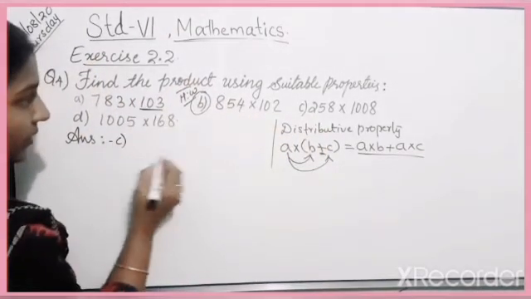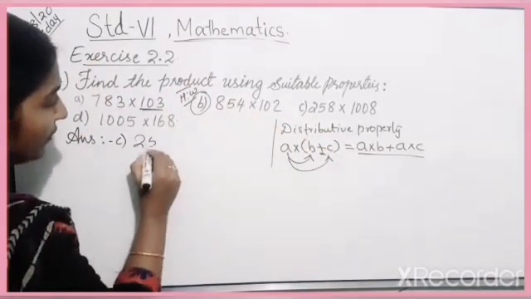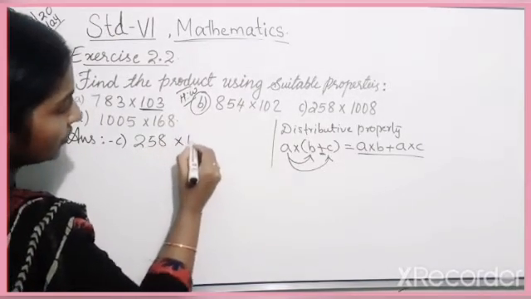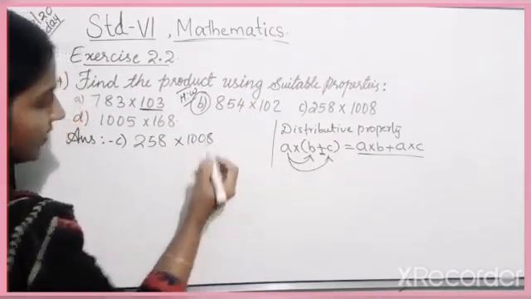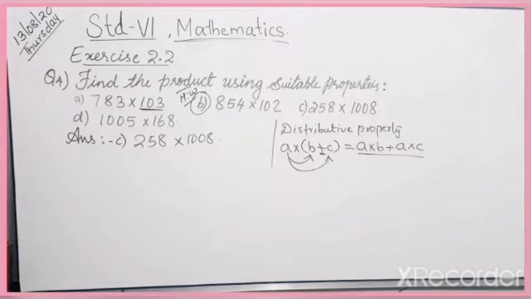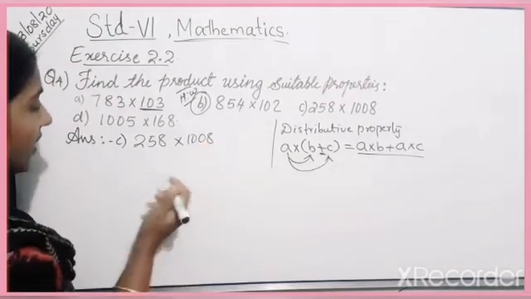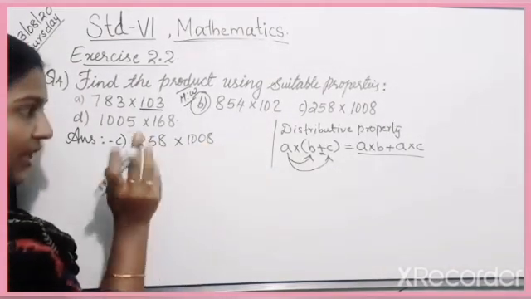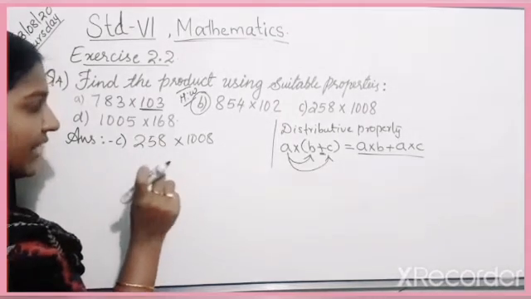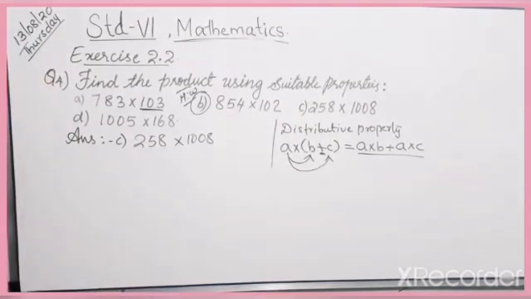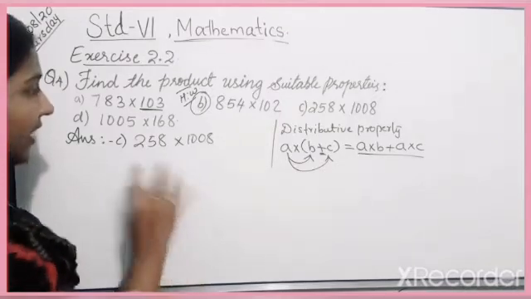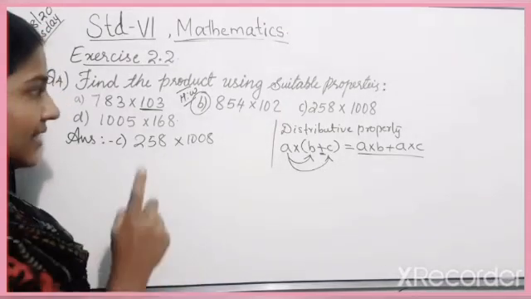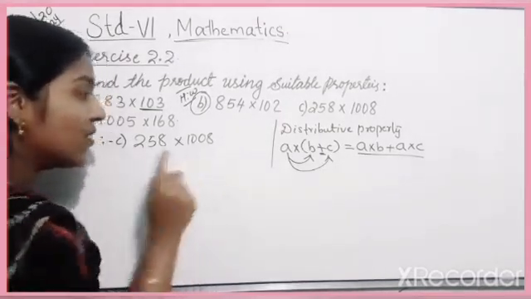Okay, C part question is 258 into 1008. This is the question. Okay, so let's check which number we can split. Yes, here look, it is 1008.